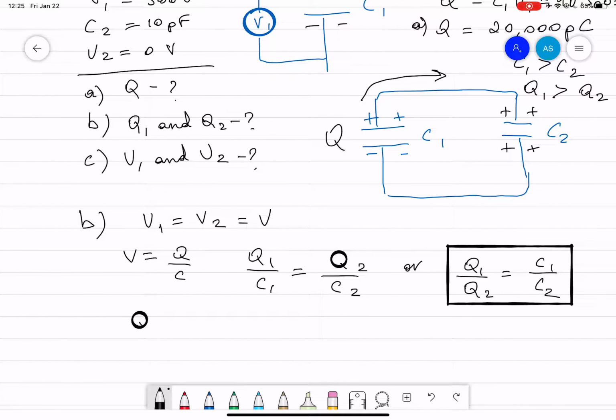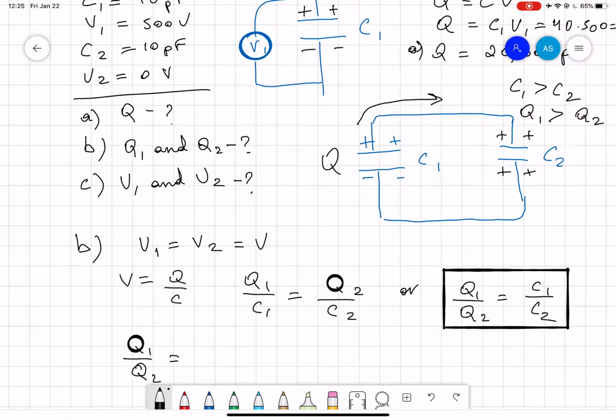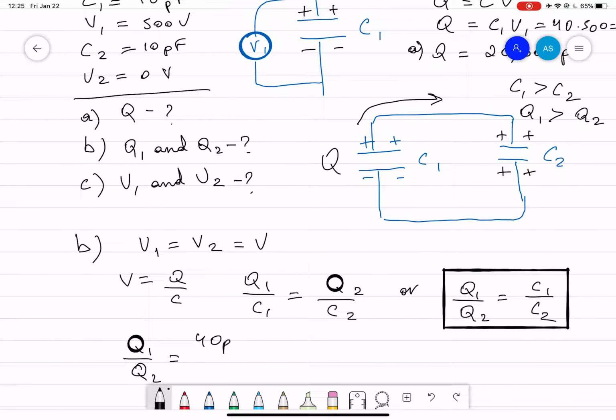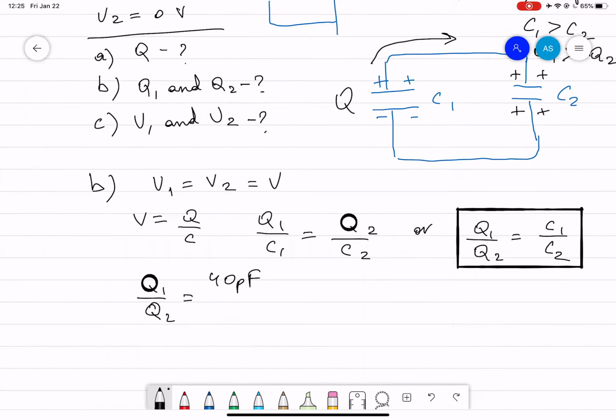So Q1 divided by Q2 is C1 divided by C2, right? C1 is equal to 40 picofarad, and C2 is equal to 10 picofarad. So we cancel out, and we got here 4, right? That means we can say that Q1 is equal to 4 times Q2, right?